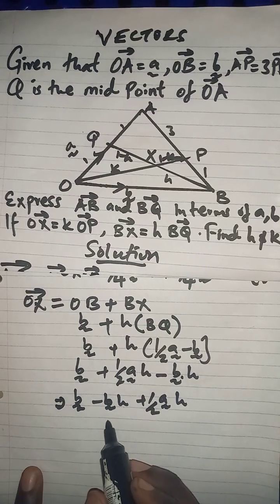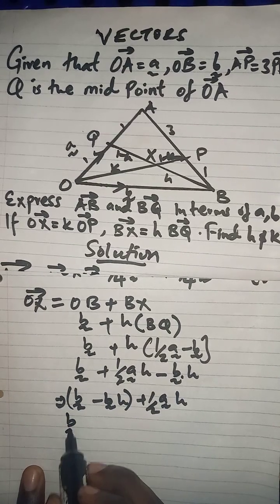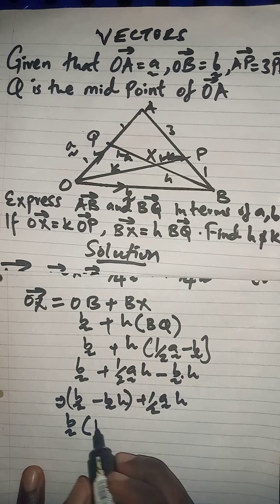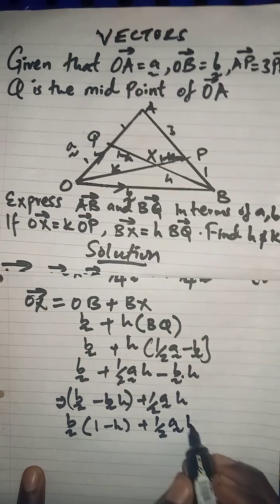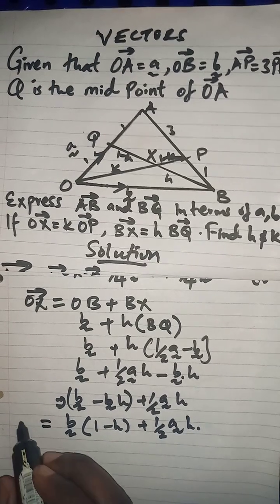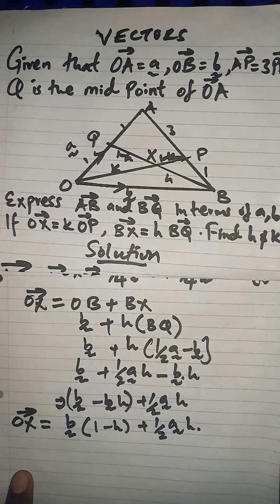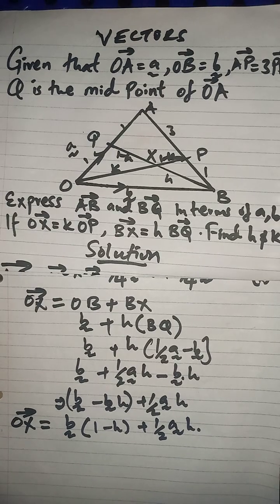So it is very easy to see that I can factor out vector B so that I'm going to get (1 minus H) vector B plus a half A vector H as my second route of going through OX.